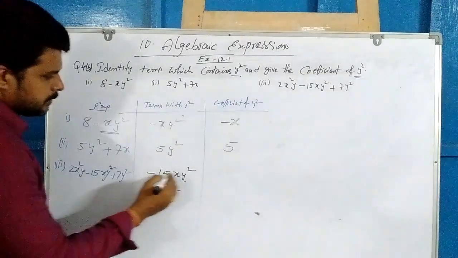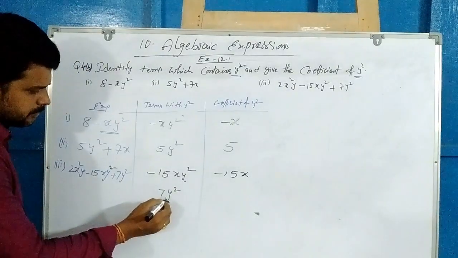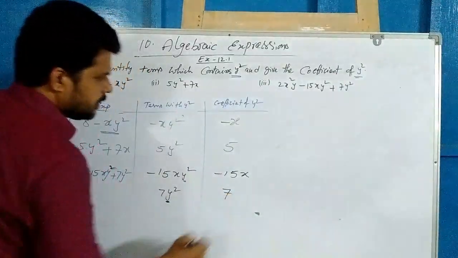So y square is multiplied with minus 15x, so minus 15x is the coefficient. The second term, y square is multiplied with 7, so 7 is the coefficient.